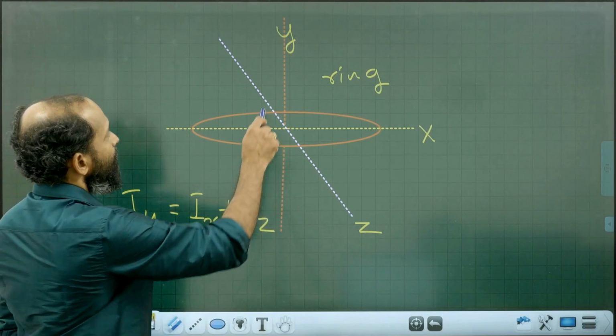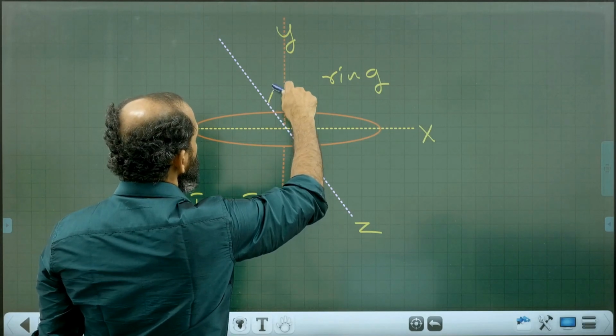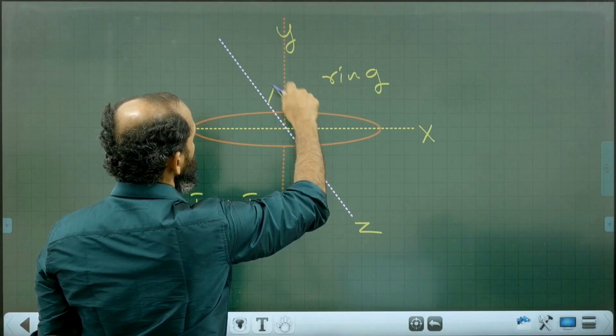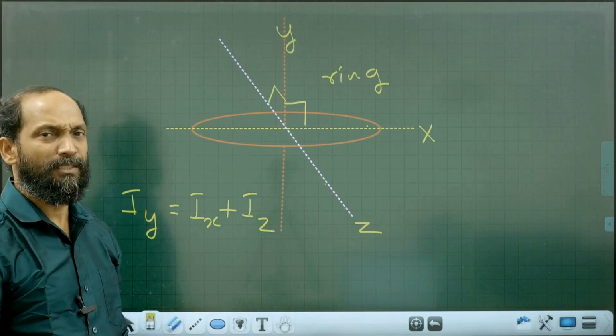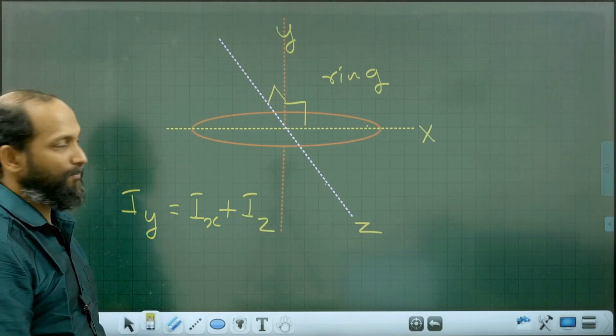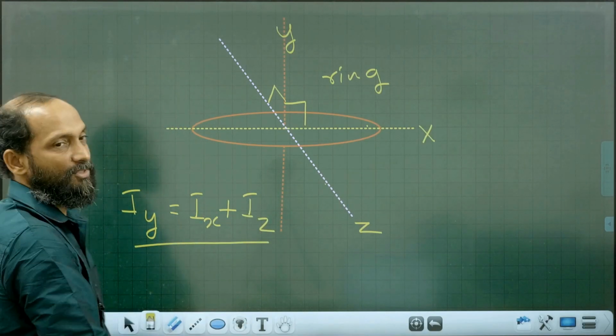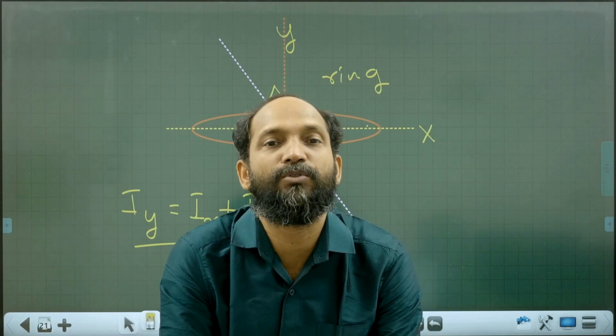But y should be perpendicular to x, and y should be perpendicular to z, but x and z need not be perpendicular. Then also we can apply this. But here x and z are perpendicular. Okay, this is the perpendicular axis theorem. So these two theorems, their simple uses are also important.